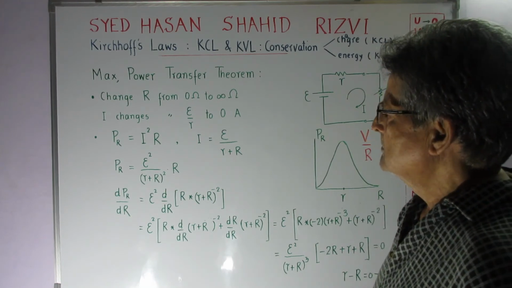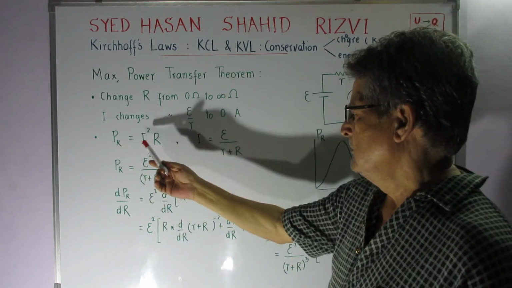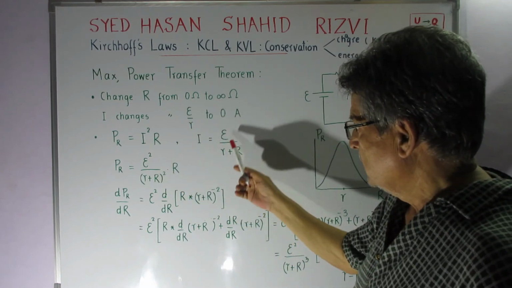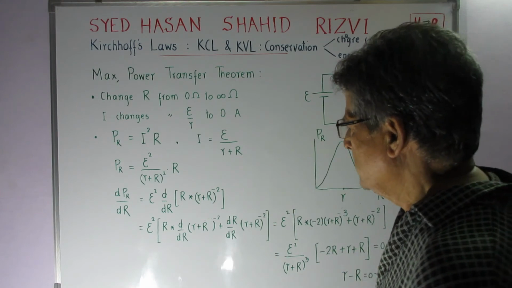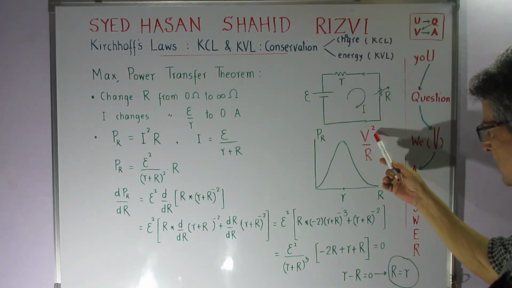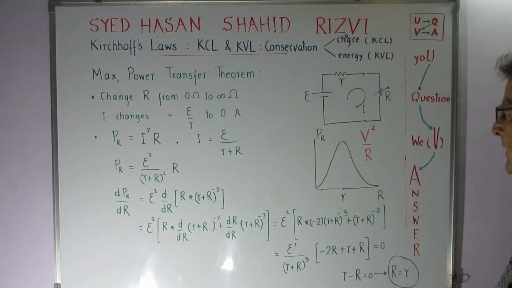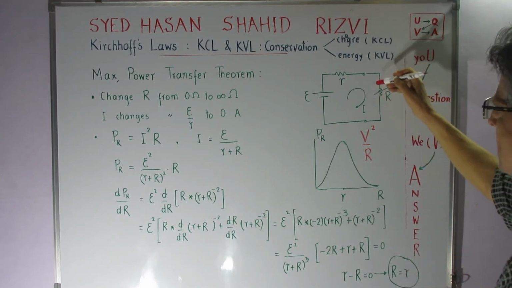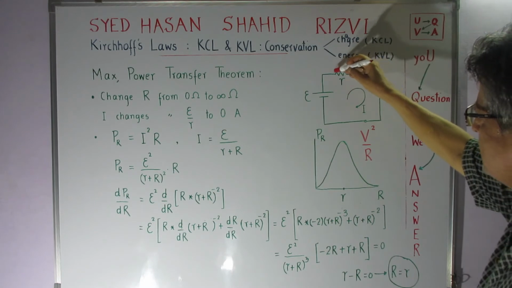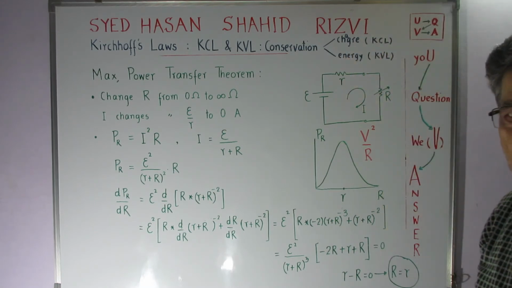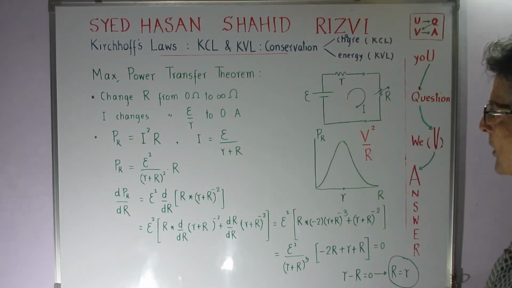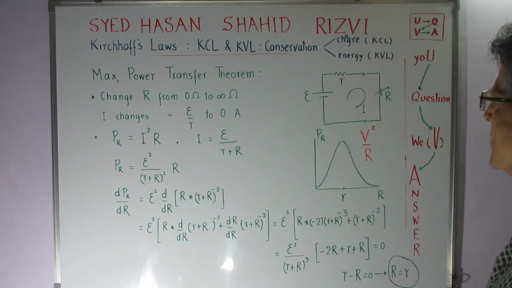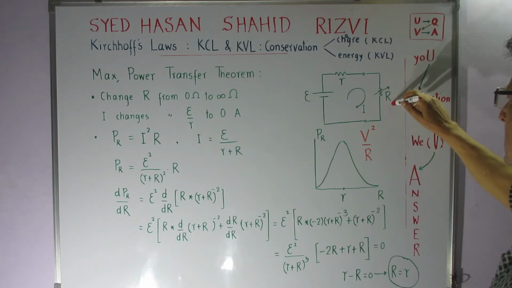Now power has a formula I squared R, where I is equal to E upon R plus r. Okay, you take this formula, but there is another formula, V squared upon R. Initially, when we are increasing R from 0, then this r is greater than capital R. Therefore, the drop across it will be more as compared to the drop over here.